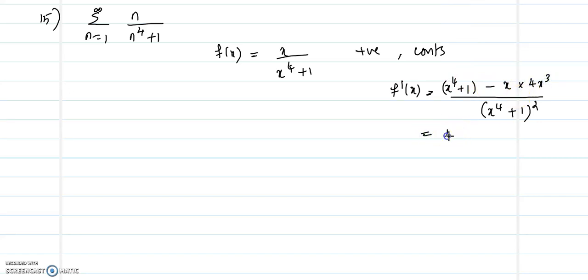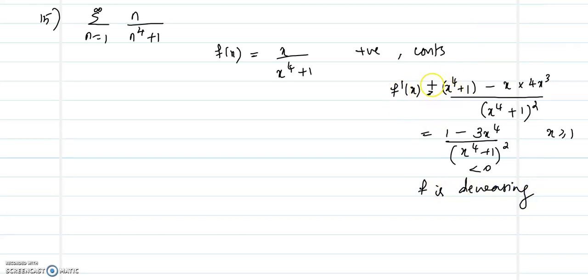So that will be 1 minus 3 x raised to 4 by x raised to 4 plus 1 whole square. So when x is greater than or equal to 1, this will be negative. So therefore f is decreasing. So whenever x is greater than or equal to 1, it satisfies the three conditions: it is positive, continuous and decreasing.